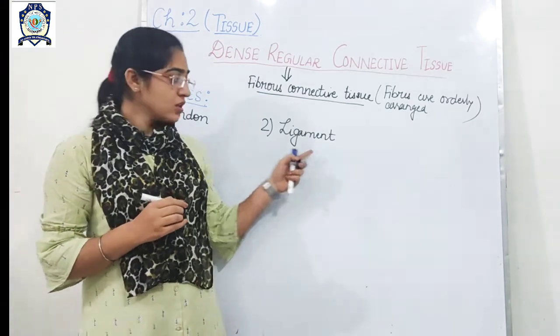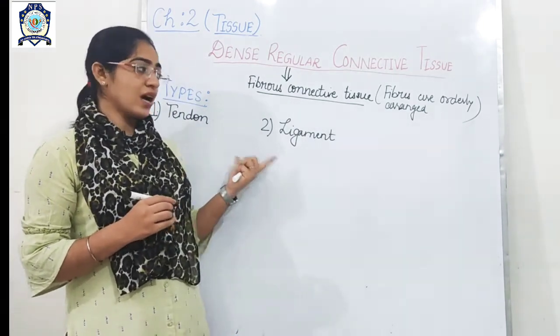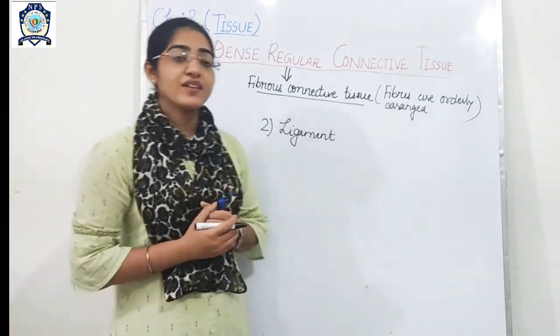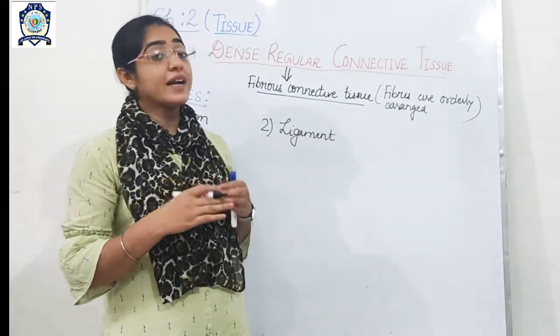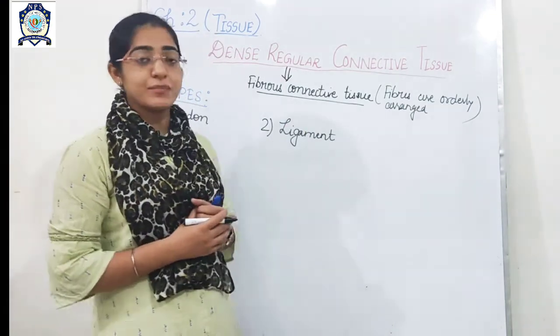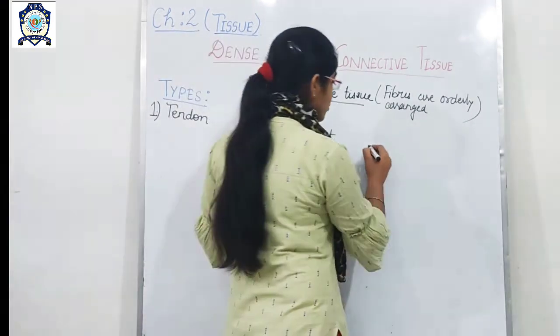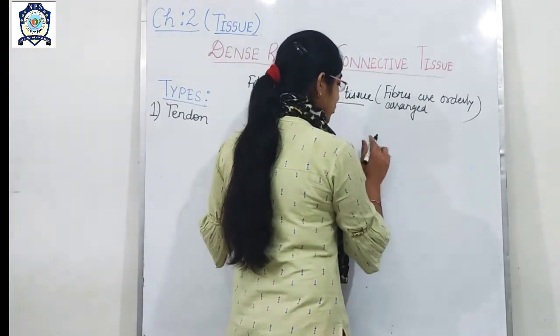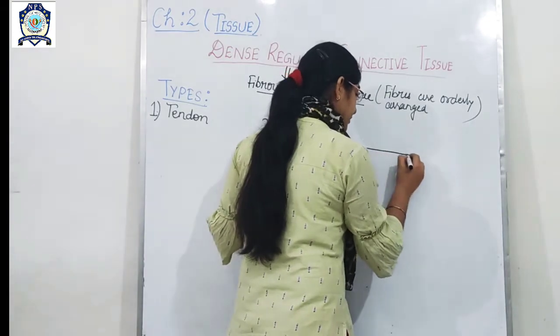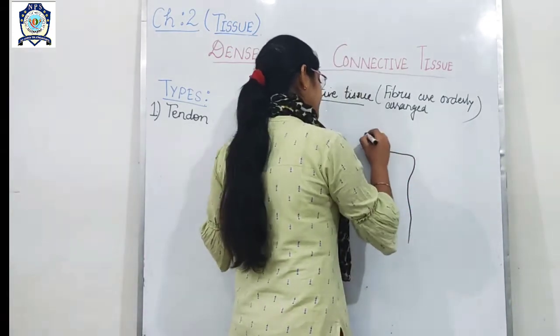Am I clear? So just to explain these two fibrous tissues, I am going to draw one simple diagram, and I hope that diagram will help you a lot to understand the concept of these two fibrous connective tissues. I am going to draw the diagram of the leg portion containing the knee.